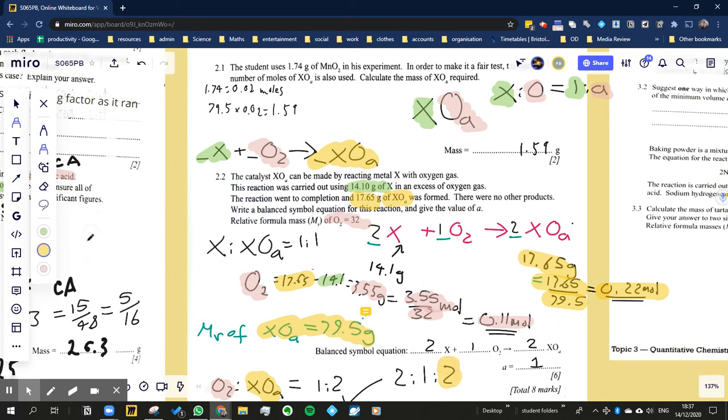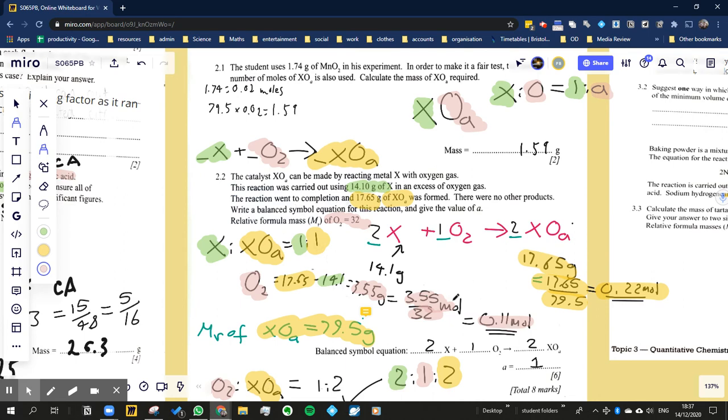If I color these in, you can see the X to the XOA is 2 to 2, which is the same as 1 to 1. And the oxygen is the 1 in the middle, because we know the ratio of that to that is 1 to 2.